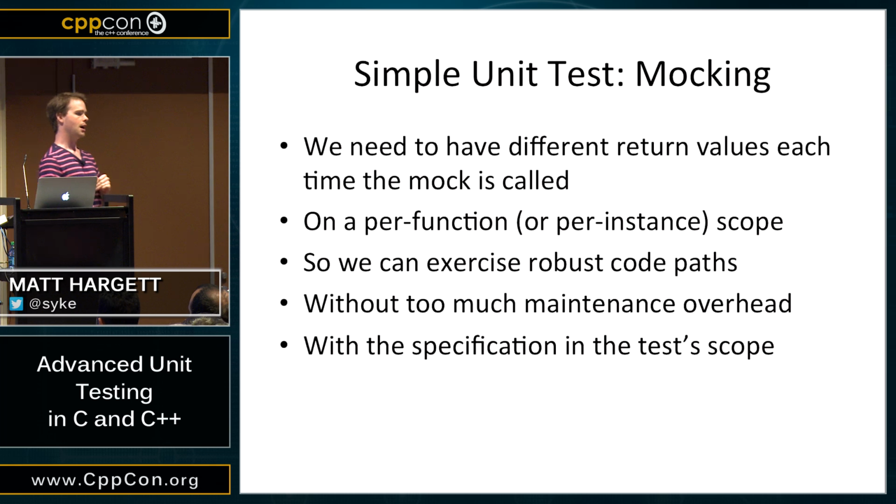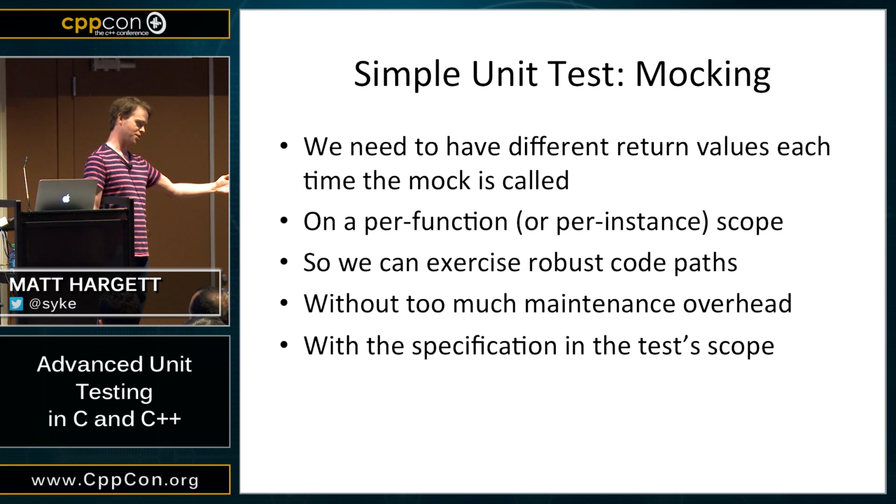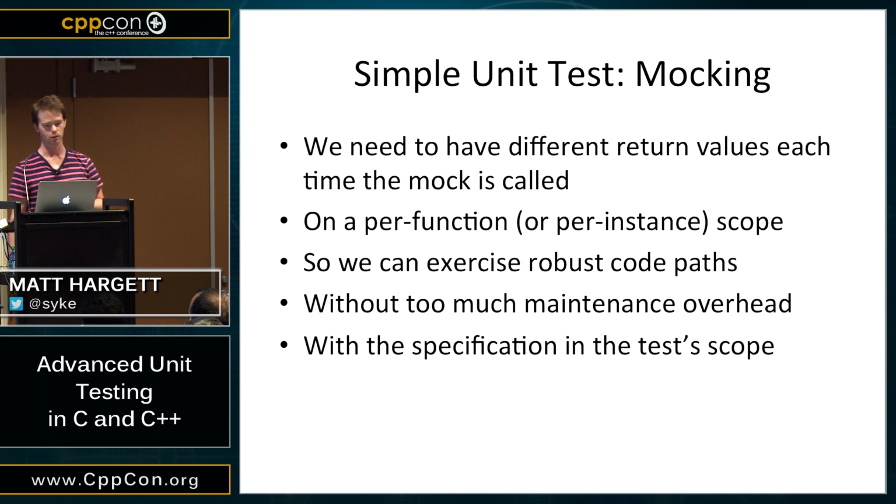I get so far into the IPsec or the IKE negotiation, and then on packet number 18 into the handshake, I introduce some kind of funky packet that causes a buffer overflow or some other kind of bug. So we want to be able to exercise those robust code paths in these kinds of critical systems.